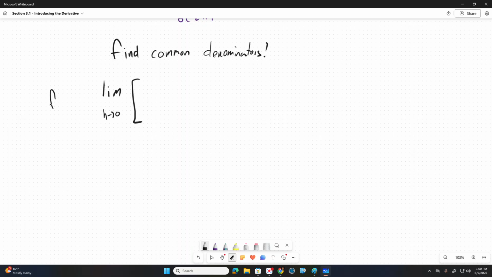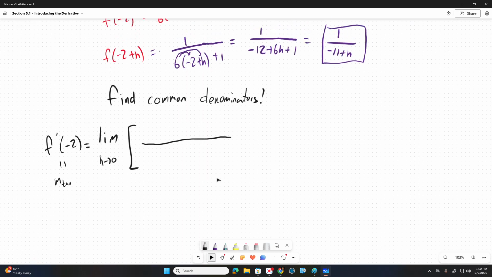So once again, f prime of negative 2 is going to be the limit as h approaches 0 of, and by the way, this is also the slope of the tangent line. Going back up here, f of negative 2 plus h minus f of negative 2 divided by h. Okay, keeping the limit.